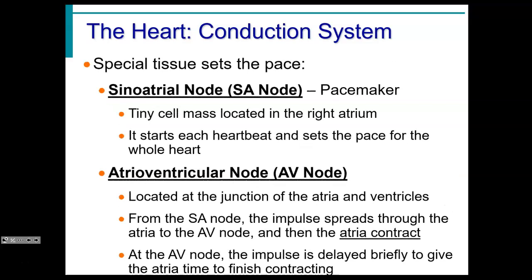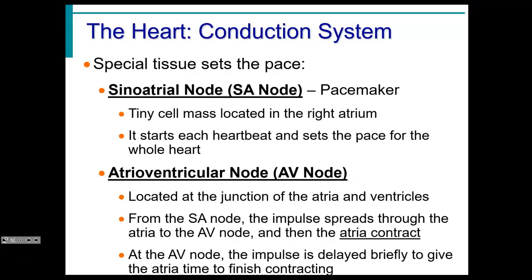First one's called the sinoatrial node, or SA node. The sinoatrial node is found up in the right atrium. Up there are tiny cells, and this is what's referred to as the pacemaker of the heart, because this is what starts the nerve impulse that makes the heart beat.